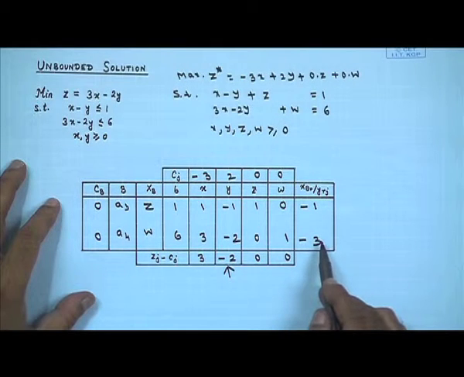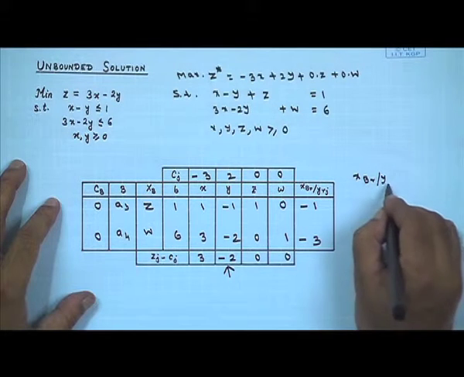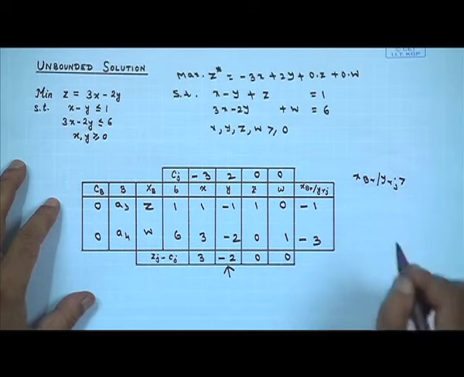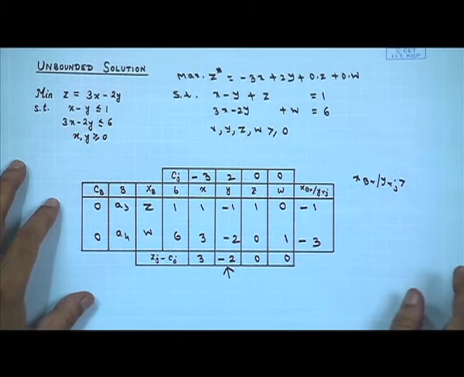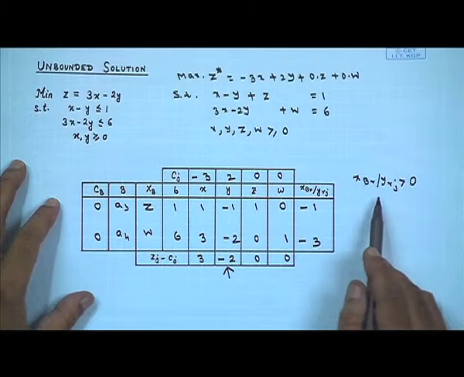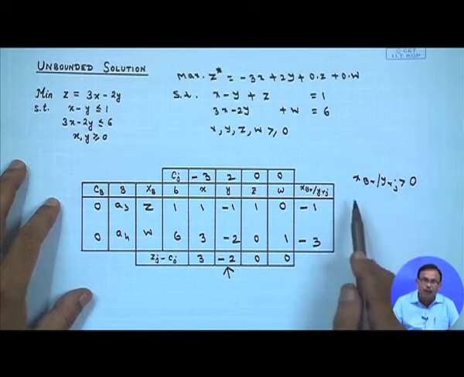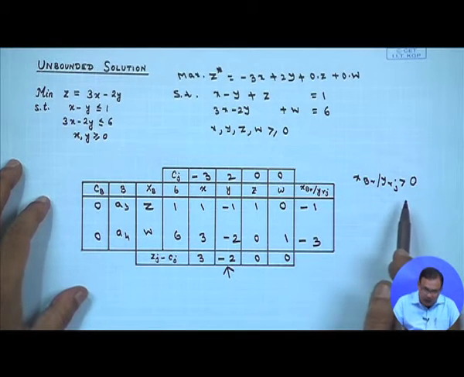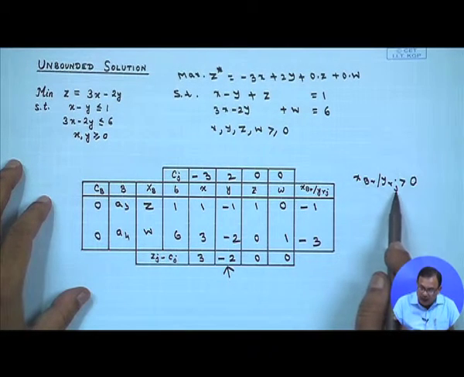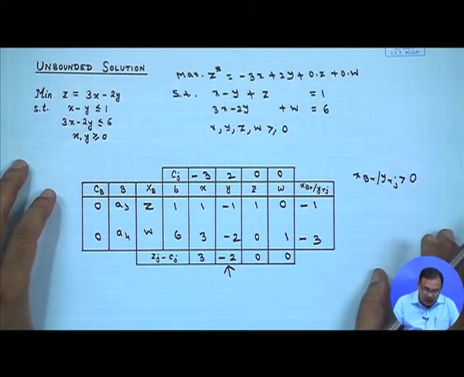So both are minus 1 and minus 3. As per the theory we discussed earlier, this ratio xbr by yrj should be greater than 0. It cannot be negative, and if this xbr by yrj value is less than 0, then there will be an unbounded solution.